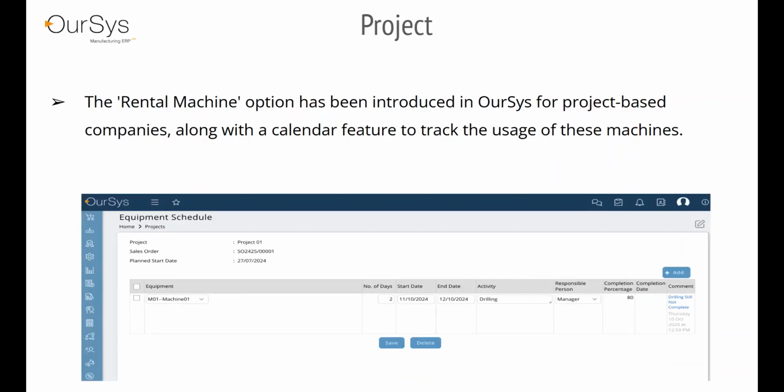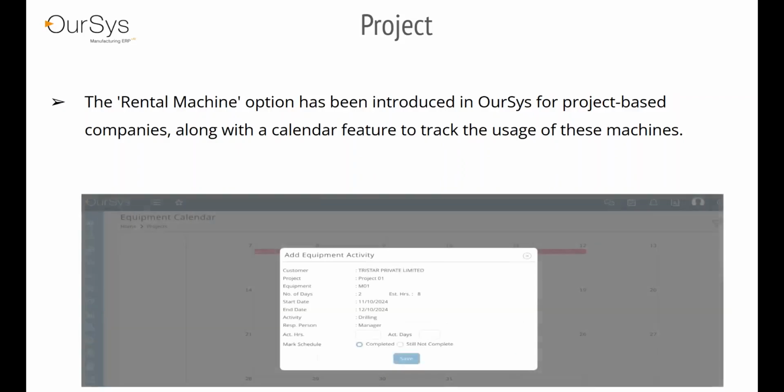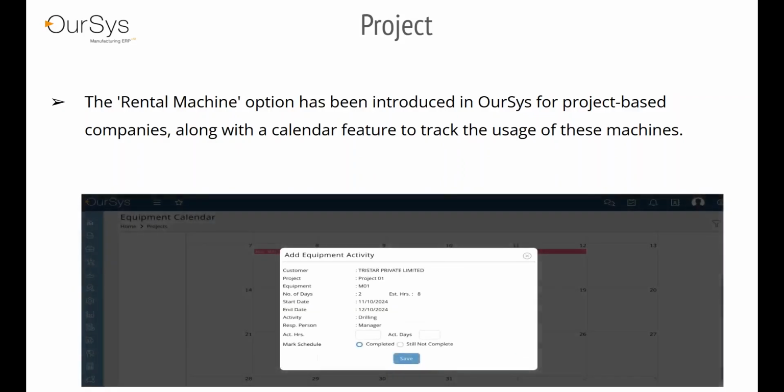Here you can see that machine M01 has been scheduled and sent to the project site for 2 days. And in the calendar also, you can see that machine M01 for the project M01 has been occupied for 2 days. And you can also update the daily log with that machine allocated.